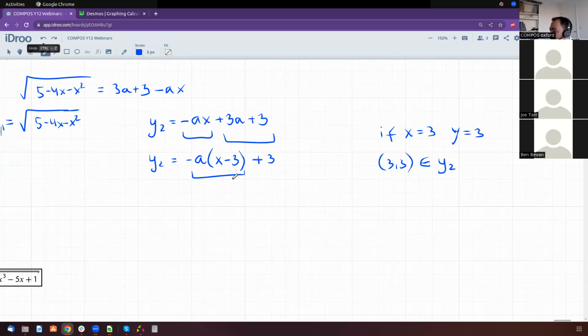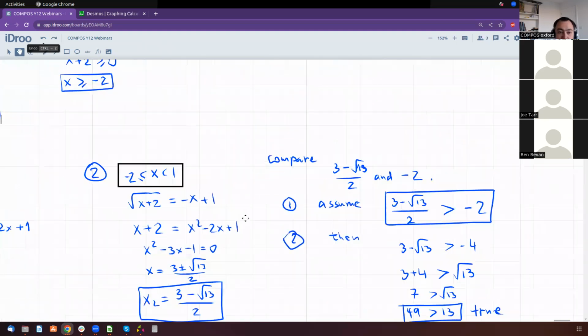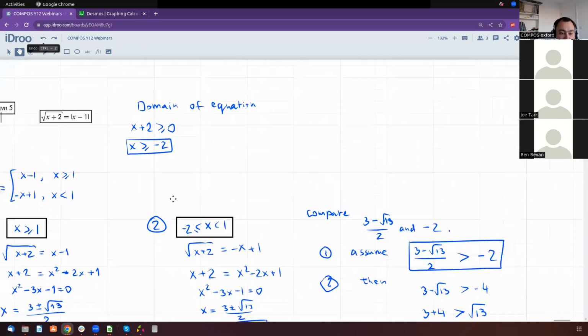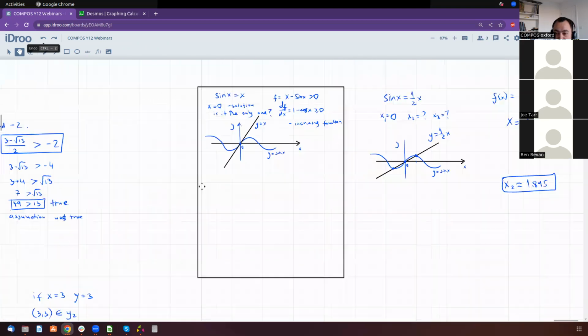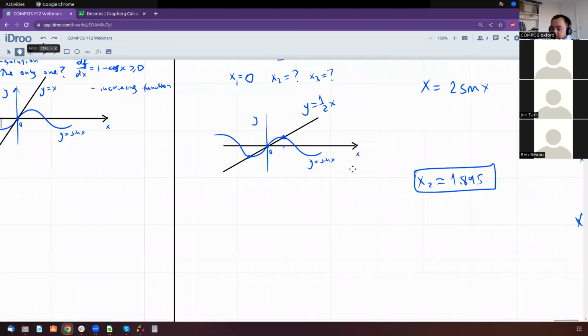Oh, Amanda, why did I pick 0.5 initially? Just from the graph. I look at the graph and I say, well, it's more than 0. Perhaps it's more than 1. It's just a guess. You could start with any number and you will end up with the same result.